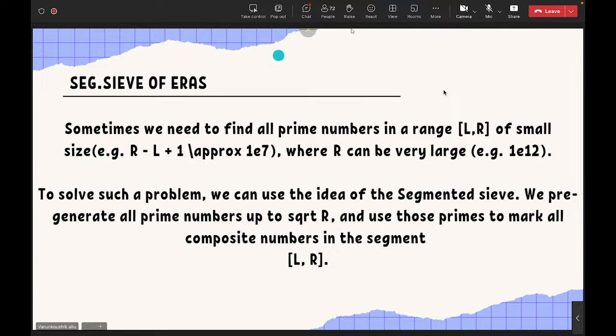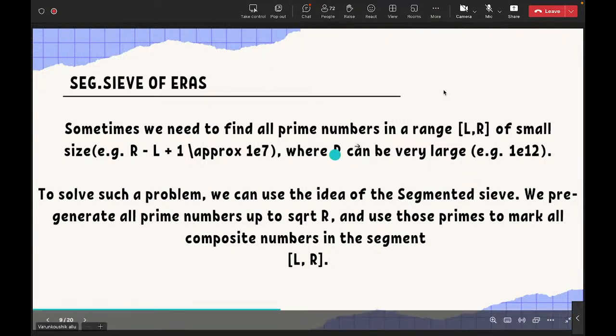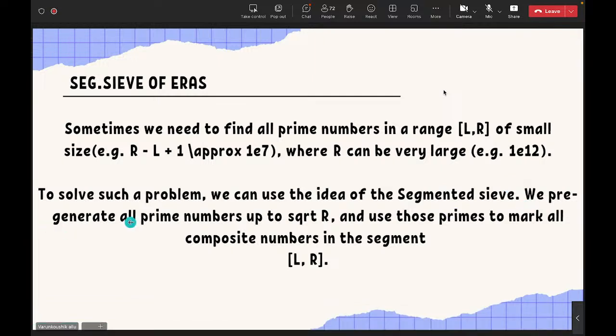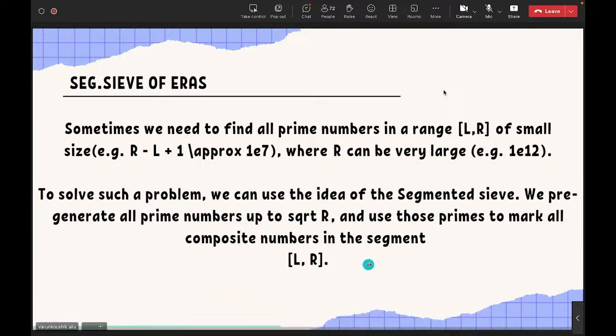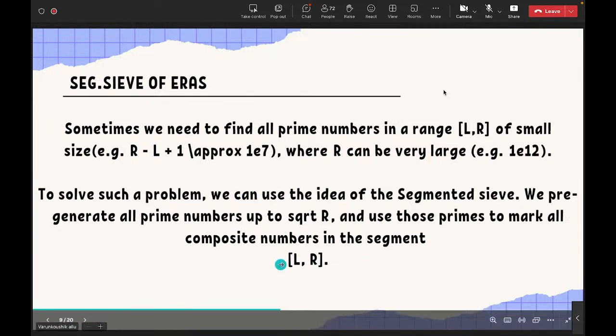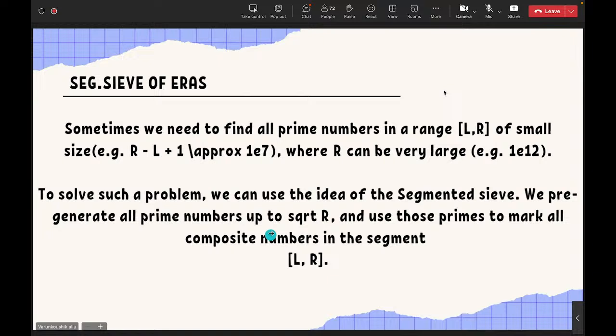Now, to solve such a problem, we can use the idea of the segmented sieve. We pre-generate all the prime numbers up to square root of R and use these primes to mark all composite numbers in the segment L to R. See, now it is the same idea as the sieve of Eratosthenes. Till root R, we'll find all the prime numbers which will divide.